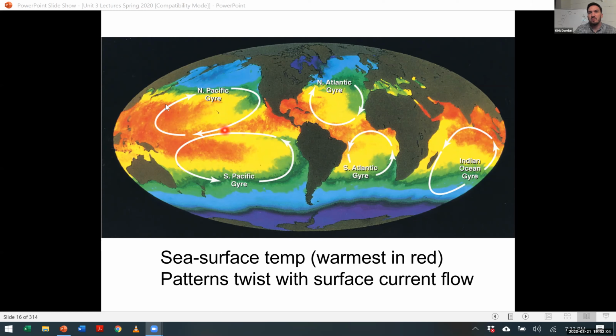And you can see this warm water here in the North Pacific getting pulled northward away from the equator due to the current moving it away from the equator. So water temperature alone shows how this circular looping pattern of water in both the northern and southern hemispheres works.